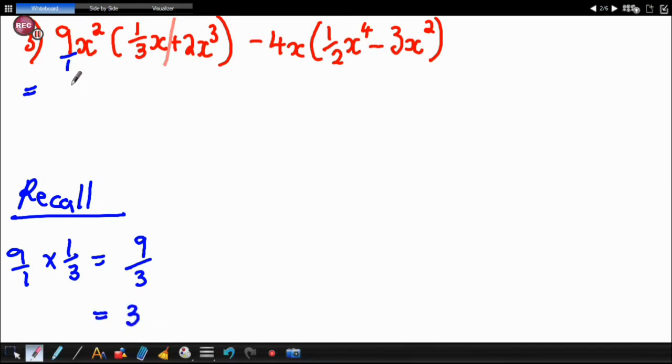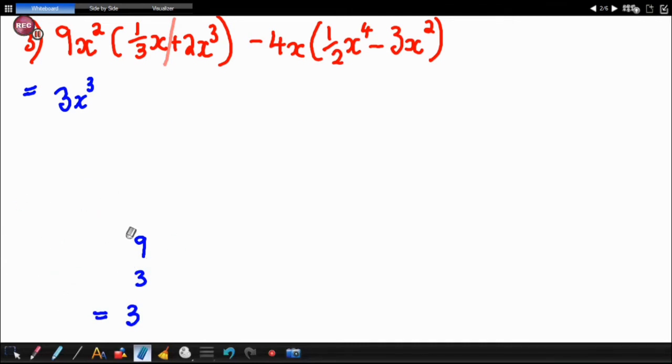That will be 9 over 1 times 3, which will be 3. And now this can be simplified into just 3, right? So then we can write the number, it's just 3, when we multiply those two fractions together, and we multiply the variables, we are going to get x cubed. We're done with that.